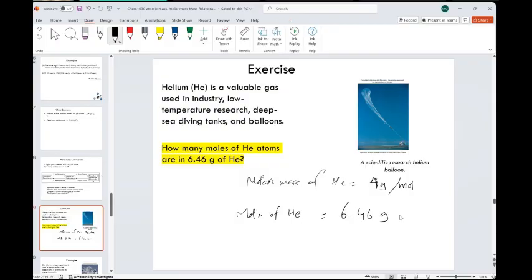Yeah. So we can do like this, 4 gram over mole. Okay, so gram cancel out. So you have 1.61 mole.